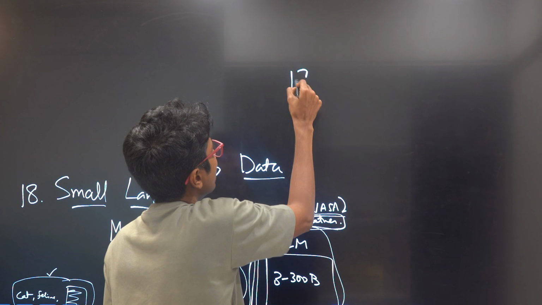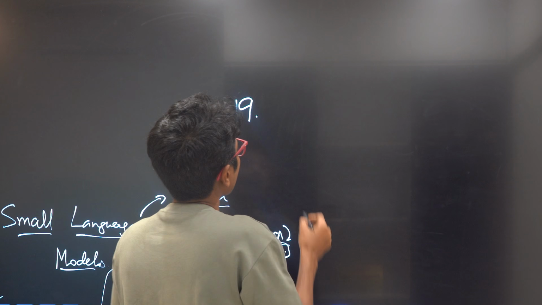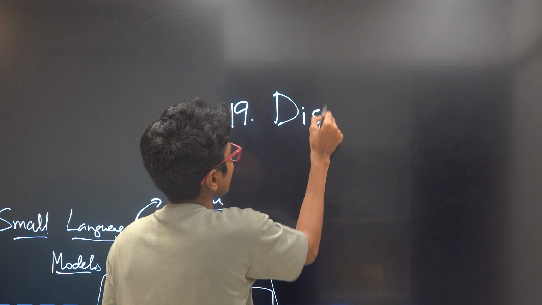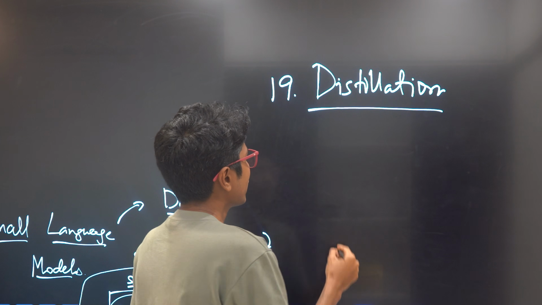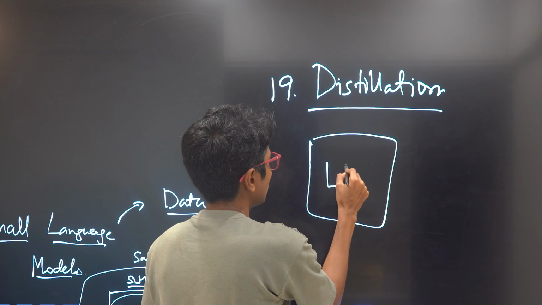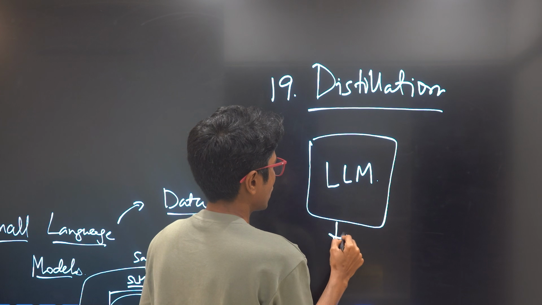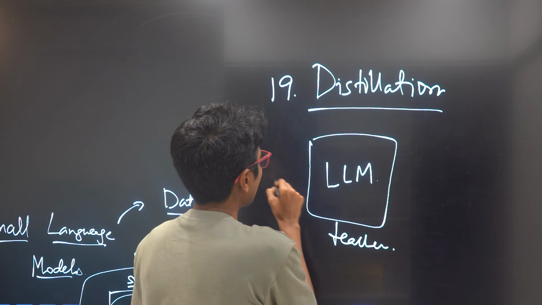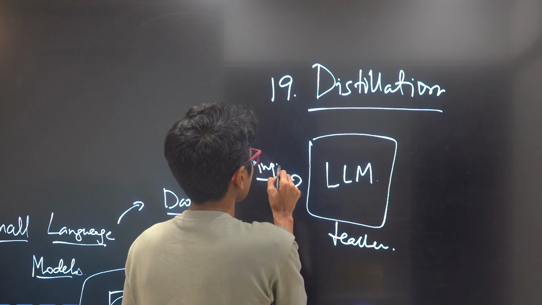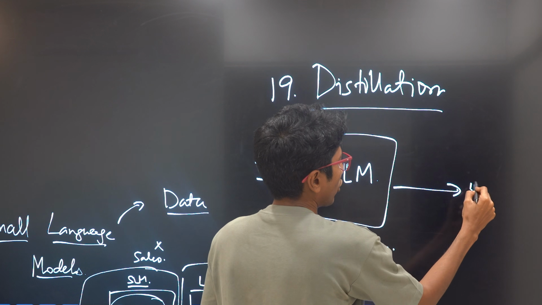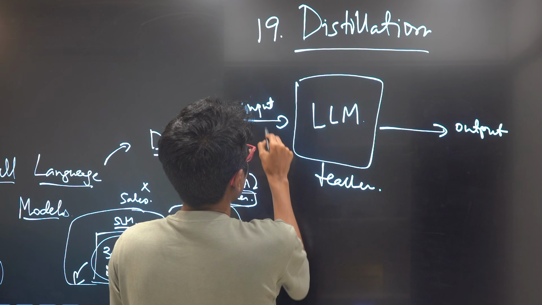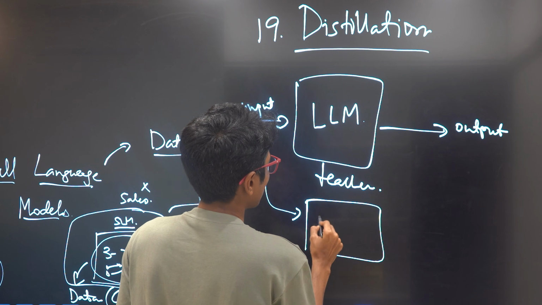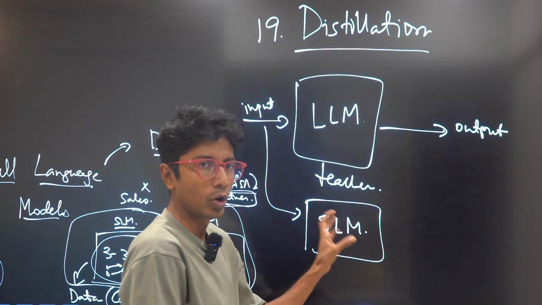And the process of building small language models is usually distillation. The basic idea is you have a large language model, which is a teacher, and then you pass in some input. You look at the output of the large language model, and in parallel, you also send it to a small language model with fewer parameters.